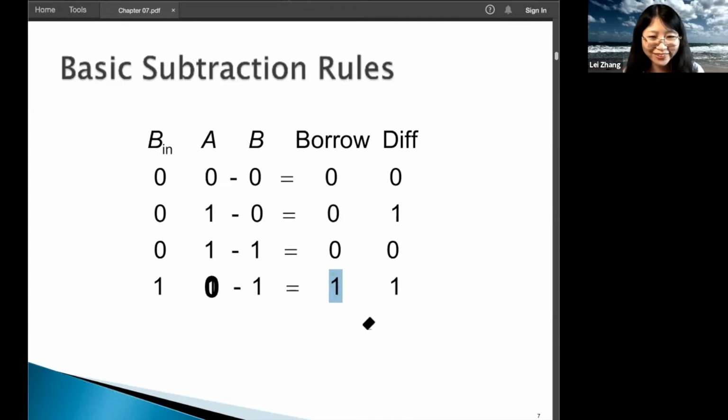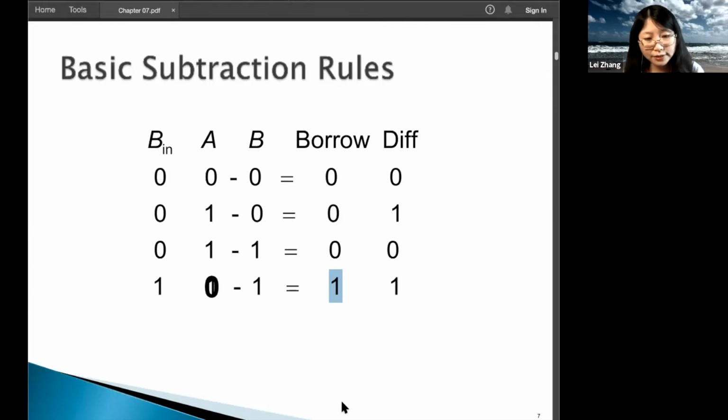This 0 minus 1 is not enough. We know that for 0 minus 1, we definitely need to borrow from the next bit. So this one is borrowed to become 2 for the next bit. Once it's borrowed, it will then be 0.